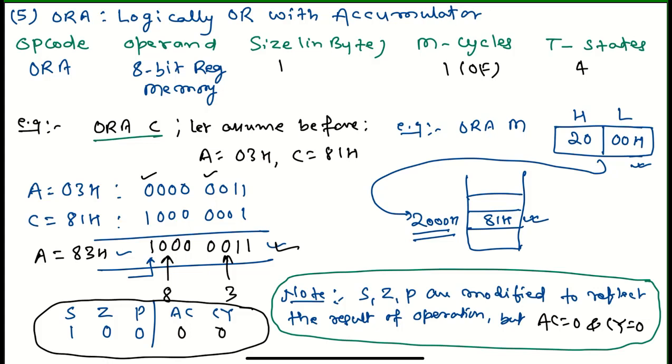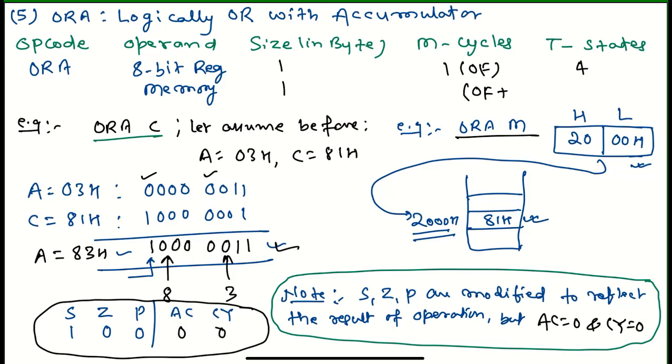Now if we talk about the size, in this instruction also, it consists of only an English alphabet. So with respect to size, it will take only 1 byte. And with respect to machine cycle, by default for any instruction, the first operation will be opcode fetch.